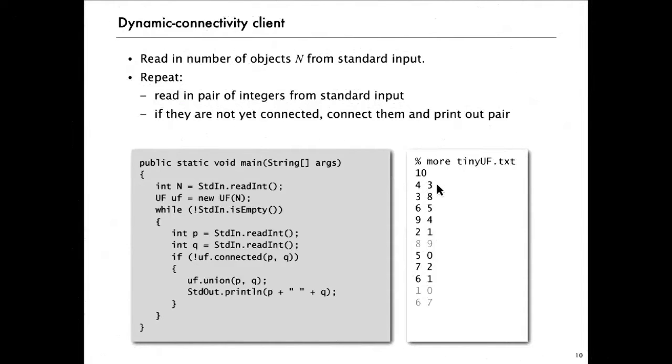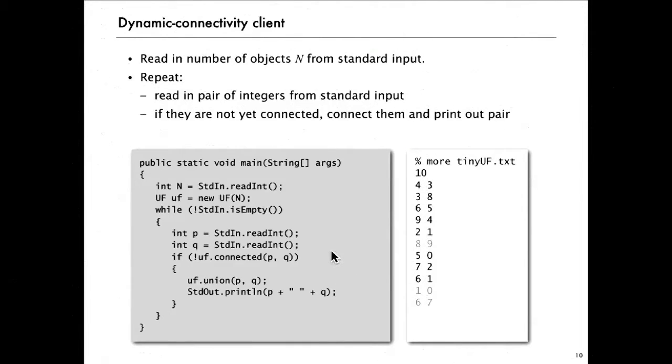What the client does is first read the integer from standard input and create a UF object. Then, as long as standard input is not empty, it reads 2 integers from the input. If they're not connected, then it'll connect them and print them out.